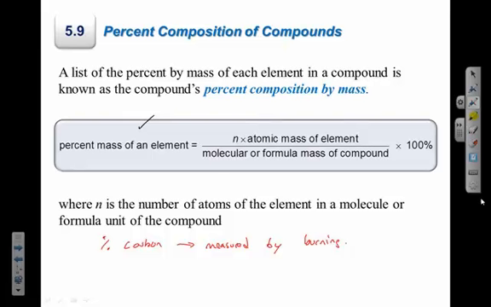If you can break that substance down through some reaction, could be burning or some other reaction, to figure out if you have a gram of this substance, how much of that gram was actually from the carbon versus how much was from the hydrogen versus how much was from the oxygen. You can match that up with this formula, which would give you your calculated percent mass. So you can measure it, compare it to the calculated to see if it's the right substance.